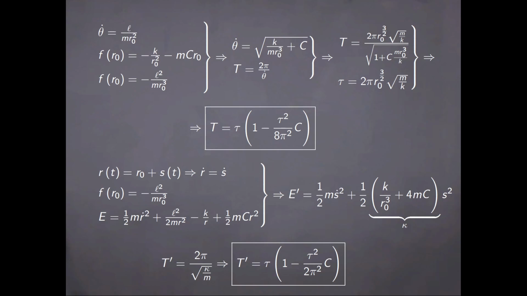So for a harmonic oscillator of mass m and spring constant kappa, which involves both the contribution from the Kepler potential and one from the harmonic potential. And for this harmonic oscillator, we can calculate the period straight away to obtain the period of small radial oscillations about circular motion as given here.